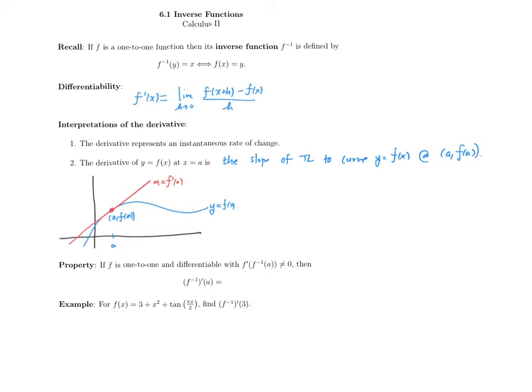That is to say, the equation of the tangent line can be conveniently expressed as y equals f prime a times x minus a plus f of a. So the point slope form of a line passing through the point a comma f of a with slope f prime of a.